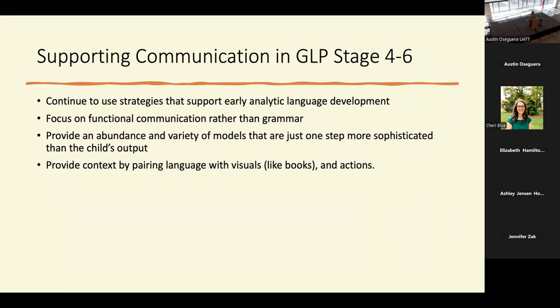And we're going to provide an abundance of models, an abundance of context, and we're going to try to give a model just one step more sophisticated than what the child's output is. And we're going to provide context by pairing the language with visuals like books or actions or video clips, things that are meaningful to them, because it's only going to work if it's meaningful to them.